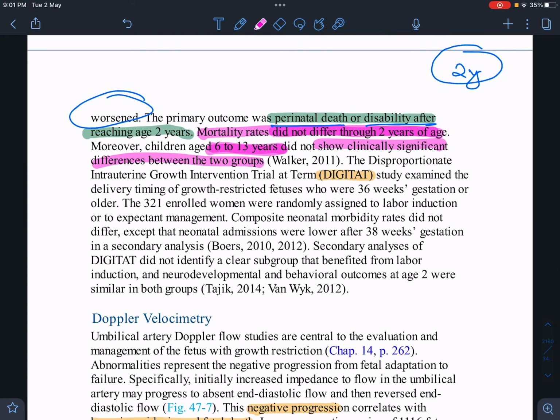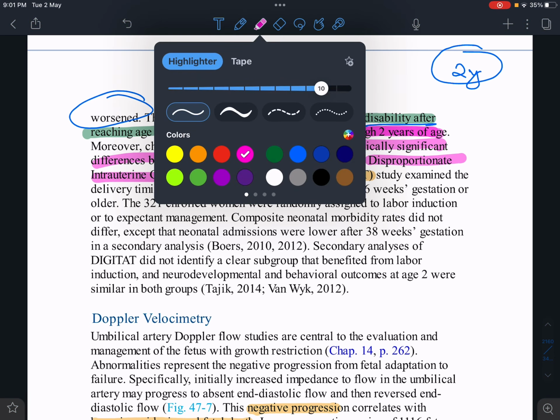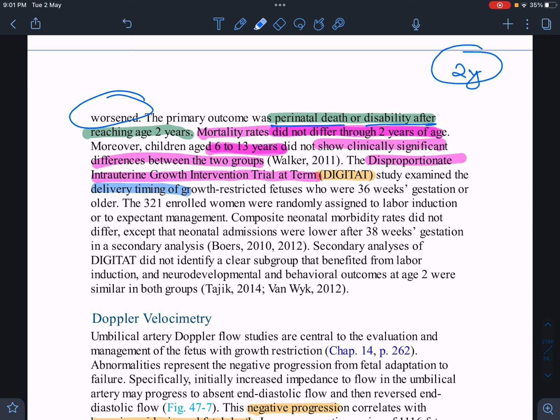Then there was also the DIGITAT trial, the Disproportionate Intrauterine Growth Intervention Trial at Term, which aimed to study delivery timing of growth restricted fetuses who were 36 weeks gestation or older. There were 320 women enrolled, who were assigned to either labor induction or expectant management. So you were inducing labor, as in delivering immediately, or observing.